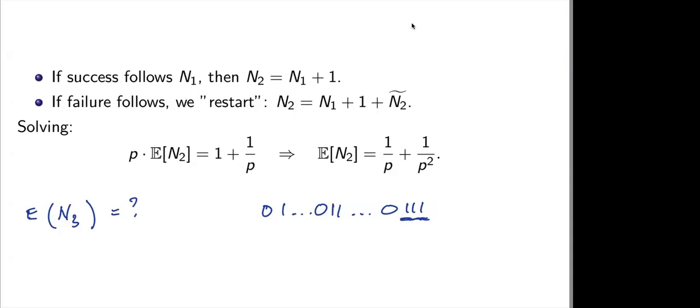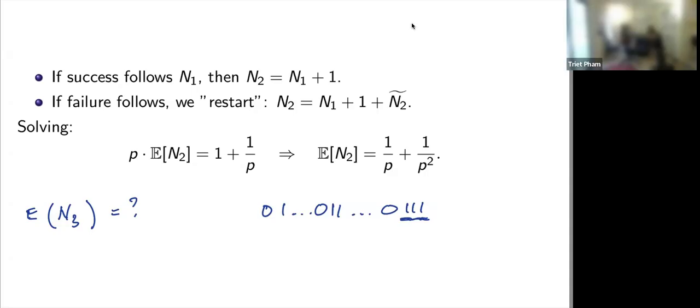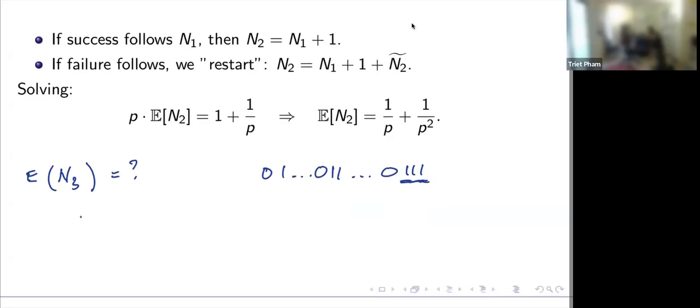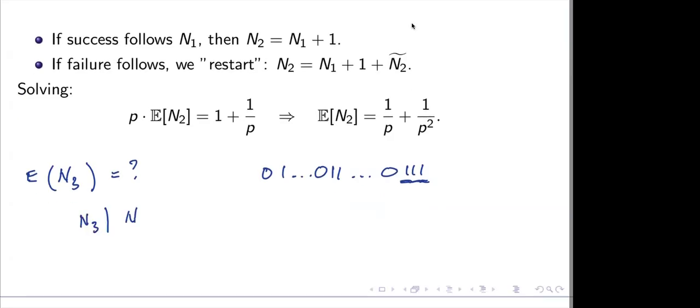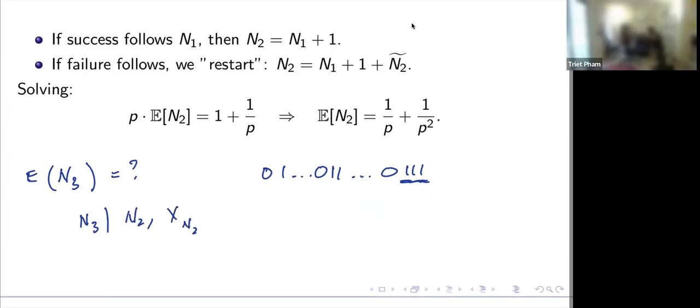We would condition on N2, correct. Okay. And technically speaking, we will condition on N2, and the trial after N2.